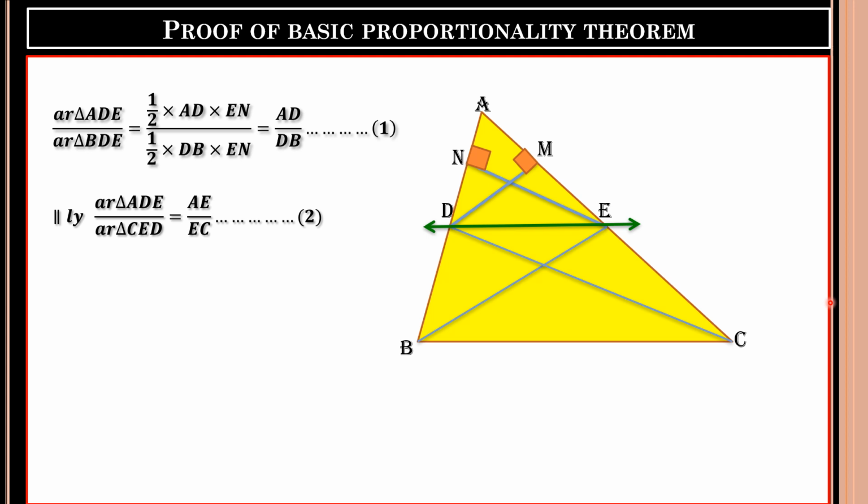Similarly, area of ADE, now if we consider AE as base, then DM will be the height, and area of CED, also an obtuse triangle. For this base, the height is DM. So similarly, the ratio comes out to be AE upon EC.